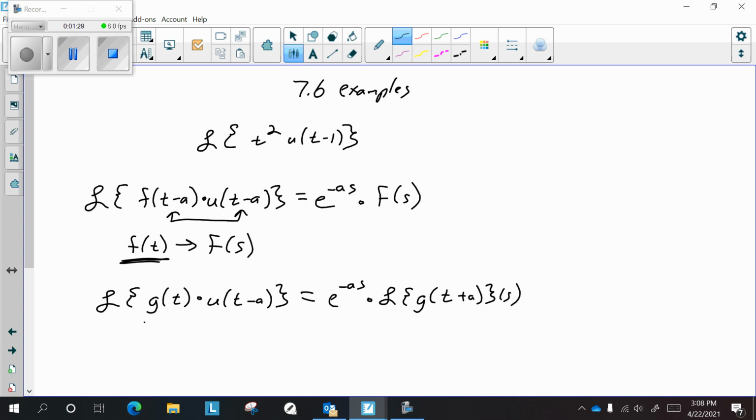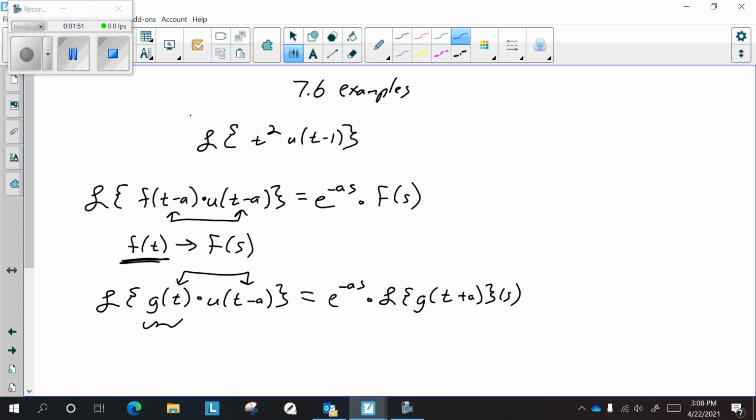So whatever our original function is, if we don't have the same translation in it and the step function, then we have to find out what is that function evaluated at t plus a, transform that, and then multiply it times e to the negative as. So let's take a look at this example here.